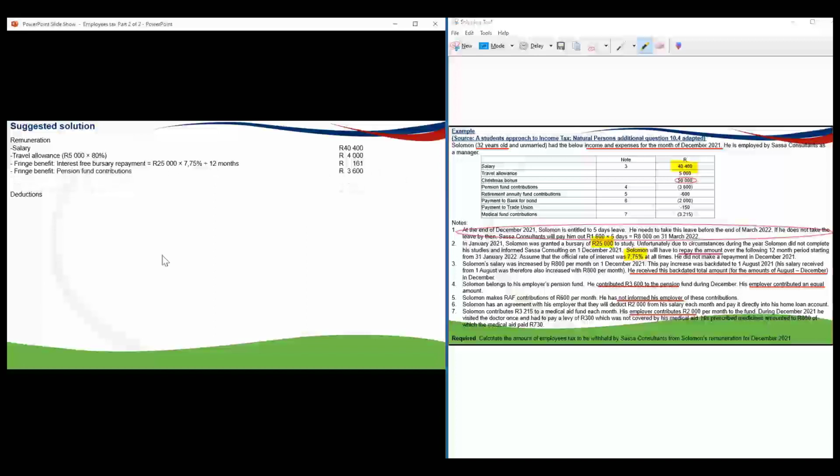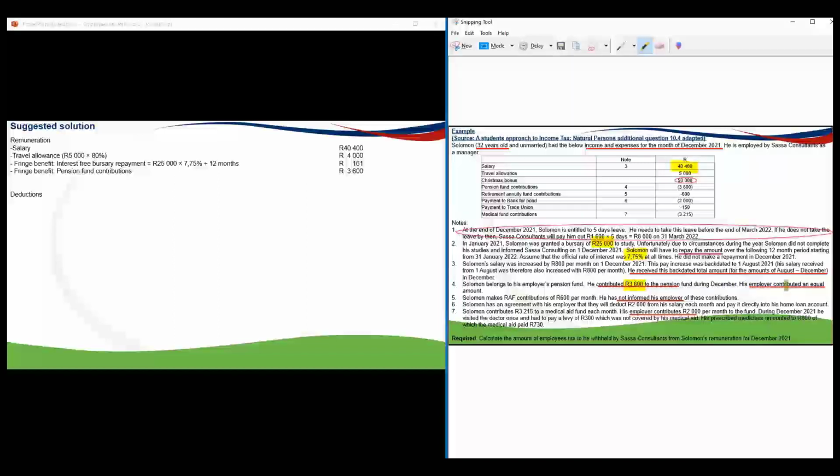The next item then would be the pension fund contributions. So if we look at our information again, pension fund contributions of 3,600 made by the employer. Let's see where we have that amount. The pension fund contributions, those are here, that 3,600, right?